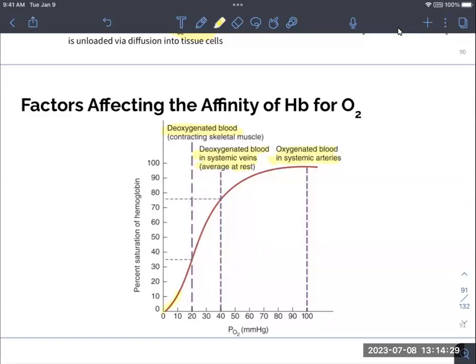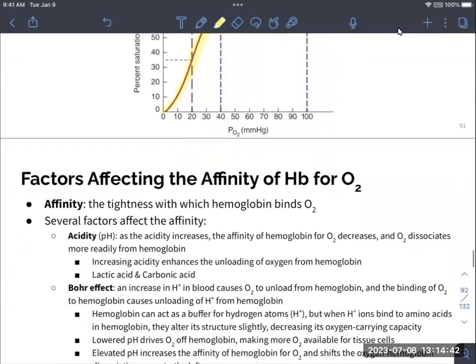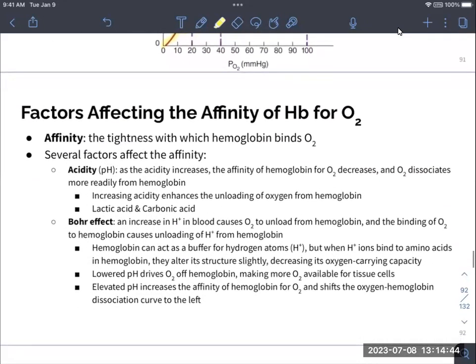This is going to change how much oxygen is attached to that hemoglobin. So that affinity is how tight that oxygen is attached to that hemoglobin.